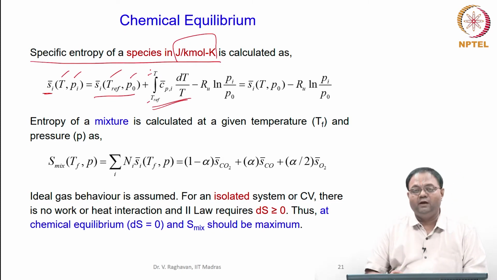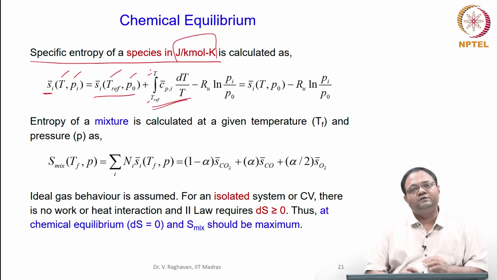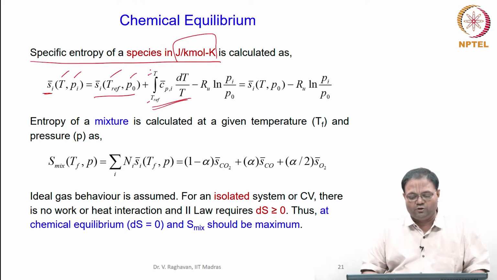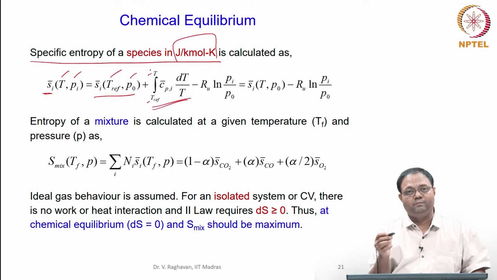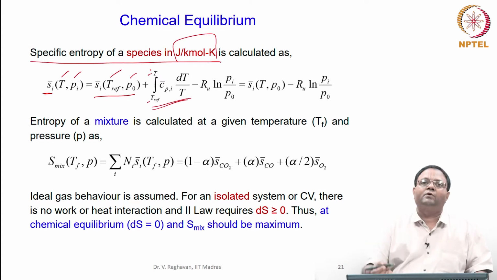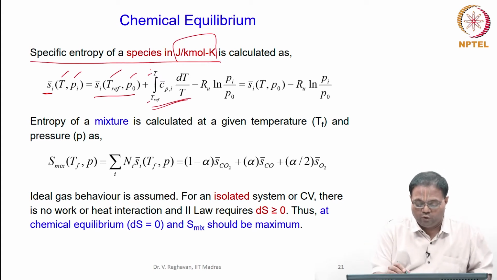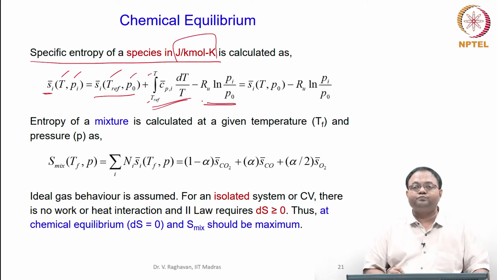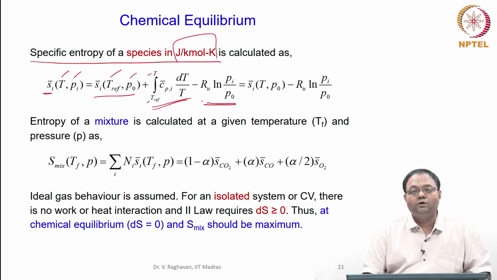Similarly, as I told, the pressure is different than the atmospheric pressure or any operating pressure. The operating pressure may be P, it may not be equal to atmospheric pressure always. So partial pressure will be different. Since the pressure is different than the atmospheric pressure P naught, this is the pressure dependence: minus Ru natural log of the partial pressure of the species divided by the atmospheric pressure.